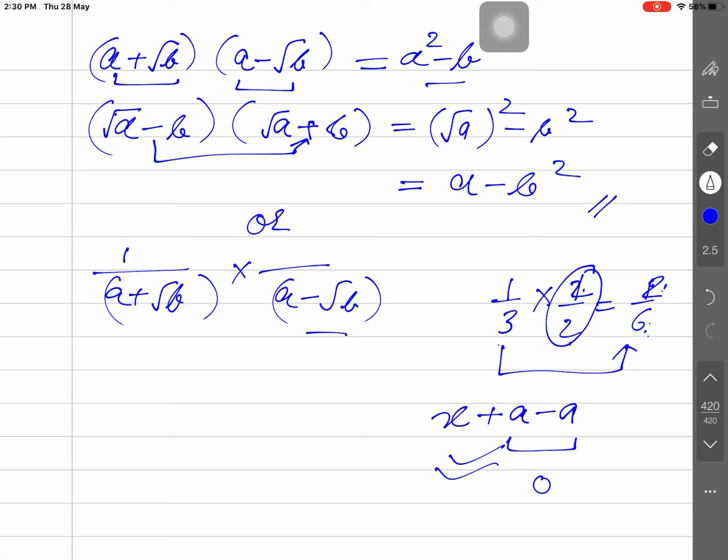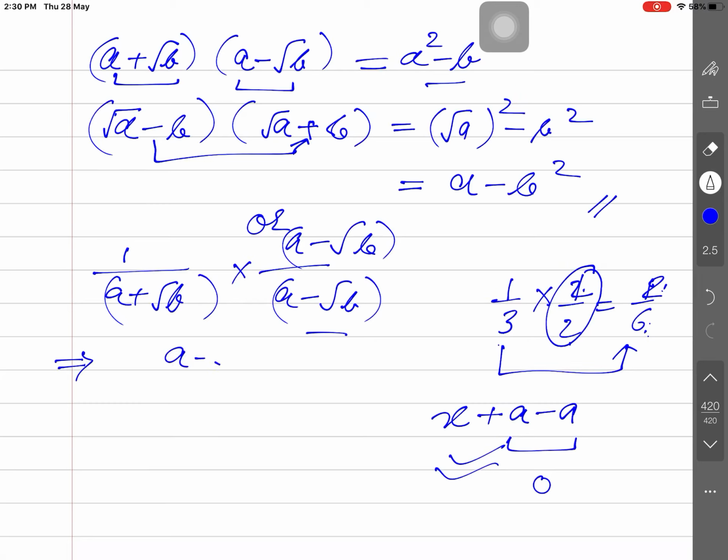Is that clear? So the same happens here. You can not only multiply the denominator, a plus root b, by a minus root b, but also multiply the numerator, that is a minus root b. This is now a valid mathematical operation. Is that clear? Not well understood here? So what can we do further? Please tell me.